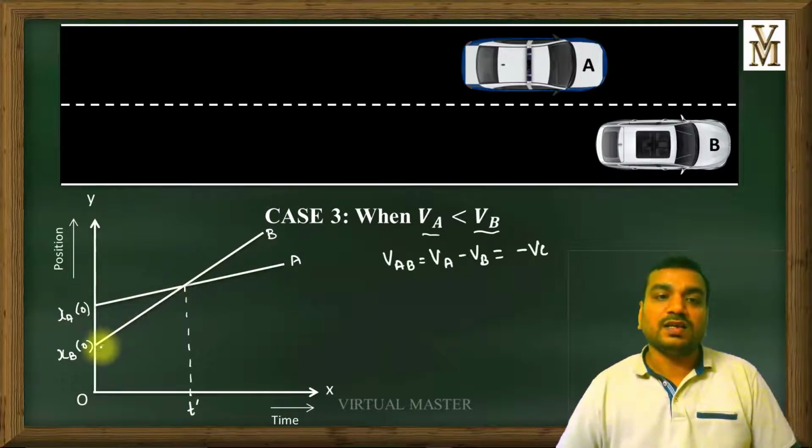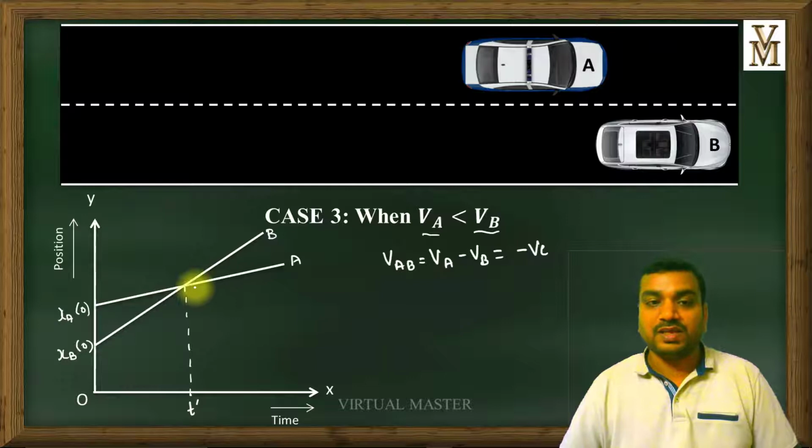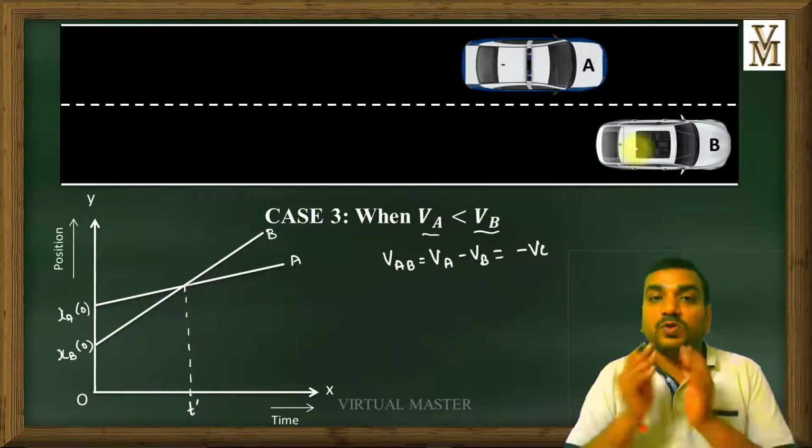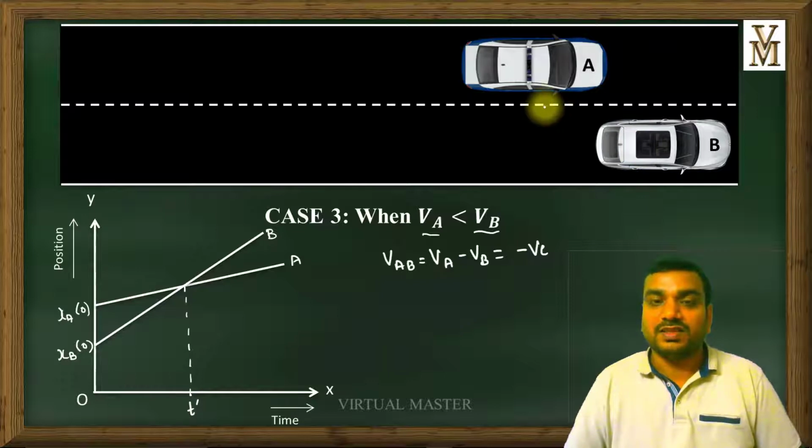You can see here the curve of car B is steeper than the curve of car A, and at time t dash the curve of car B is crossing the curve of car A, which means after time t dash car B is going to overtake car A. I will repeat once again.